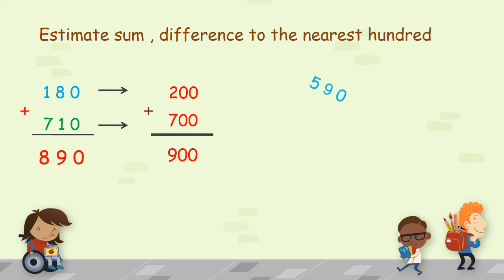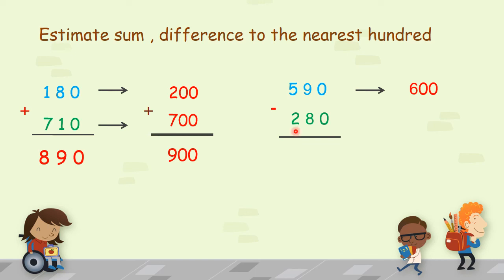Okay, let's do another example. 590 minus 280. Now, is he going to add or subtract? Now he's going to subtract. Now let's estimate. Are we going to round up or down? Yes, we're going to round up to 600.